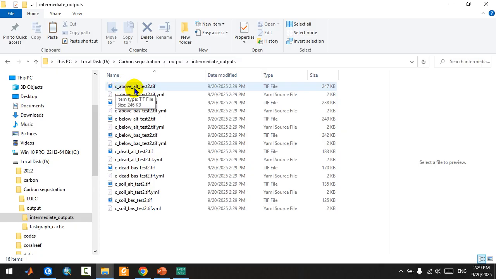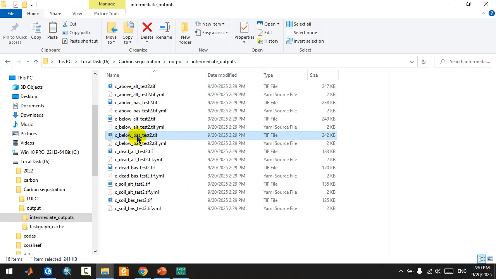See above, the alternative is the 2025 year, and the baseline is the 2001 year. Okay, see above and see below, see depth and see soil.